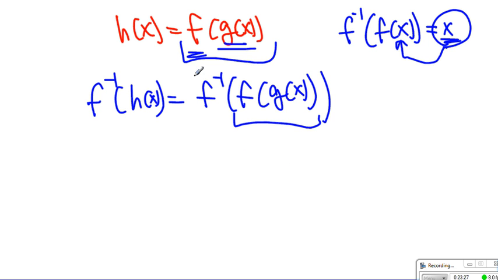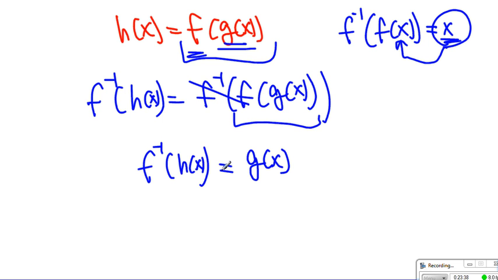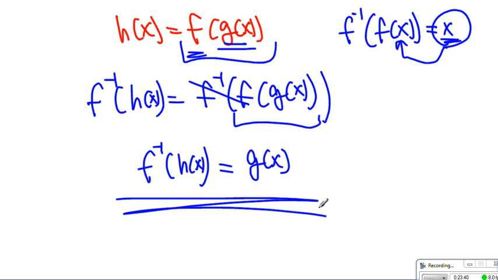Then you will realize that these two will be reduced, having g of x by itself on the right side, and on the left side we will have inverse of f of h of x. In fact, that becomes our general relationship for the second case.